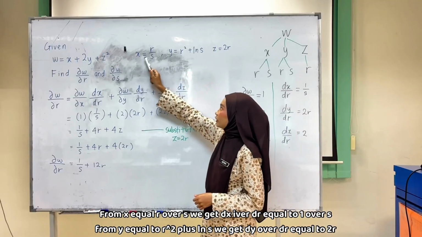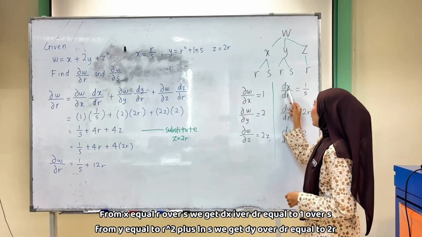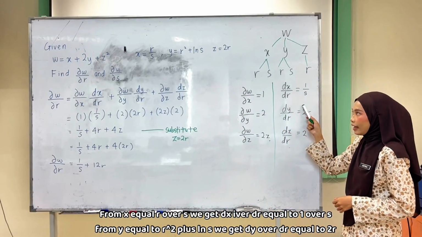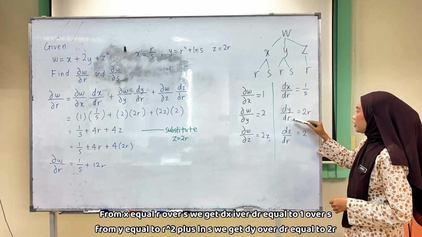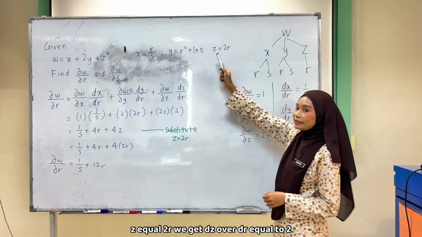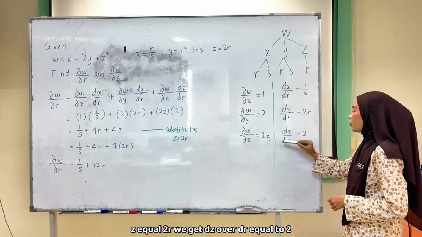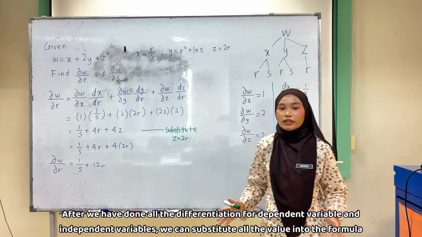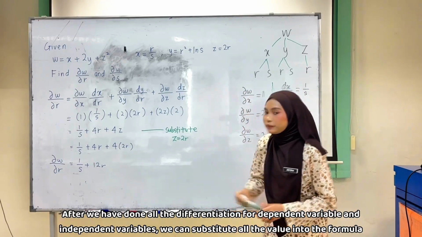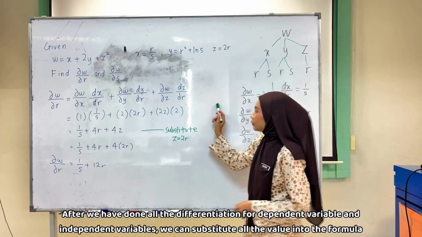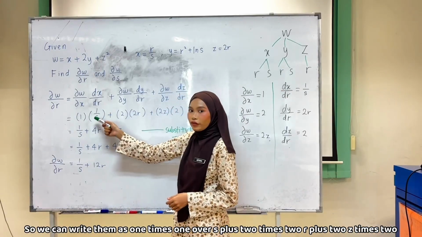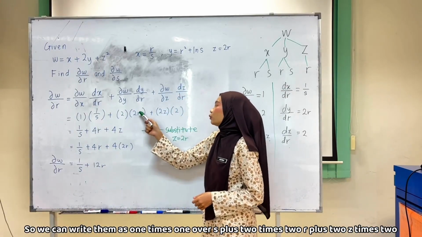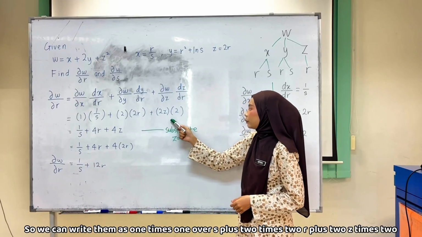From x equal to r over s, we get dx over dr equal to 1 over s; y equal to r squared plus ln s, we get dy over dr equal to 2r; and z equal to 2r, we get dz over dr equal to 2. After we have done all the differentiation, we can substitute all the values into the formula: 1 times 1 over s plus 2 times 2r plus 2z times 2.